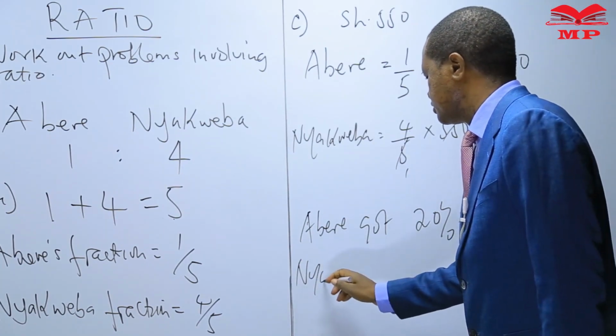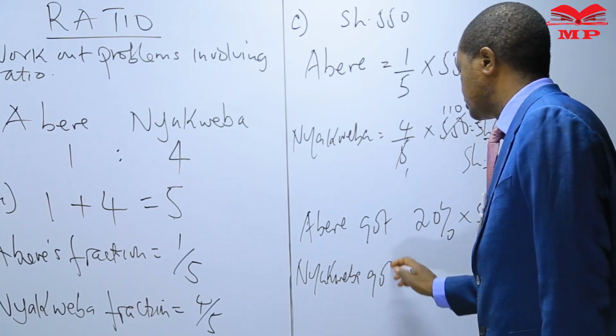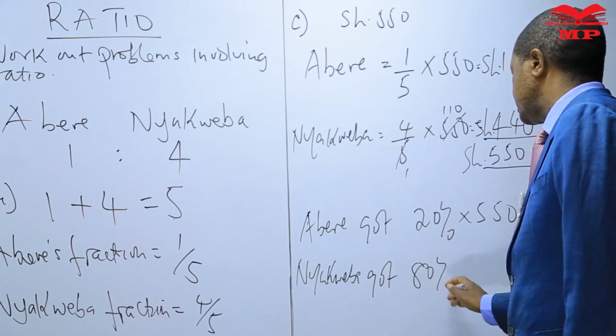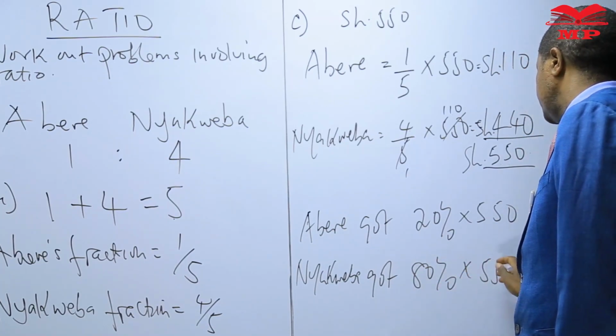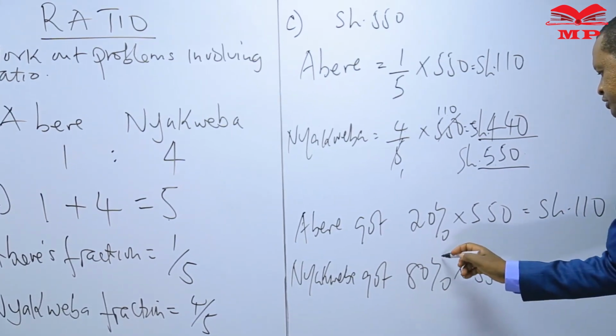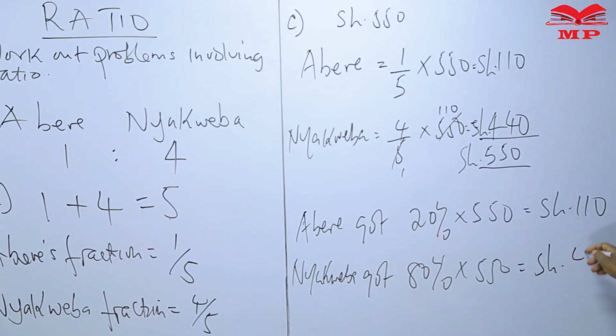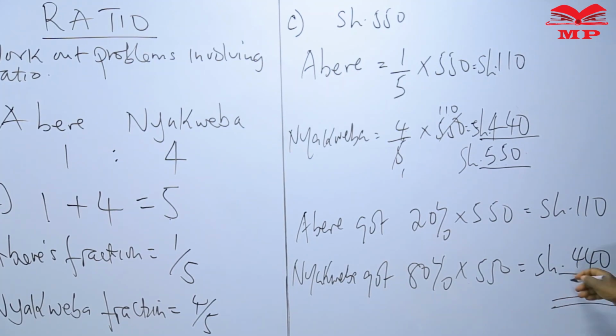Nyakweba got 80% times 550. 20% of 550 gives us 110. 80% times 550 will give us 440, which when we total, we have here 550 shillings.